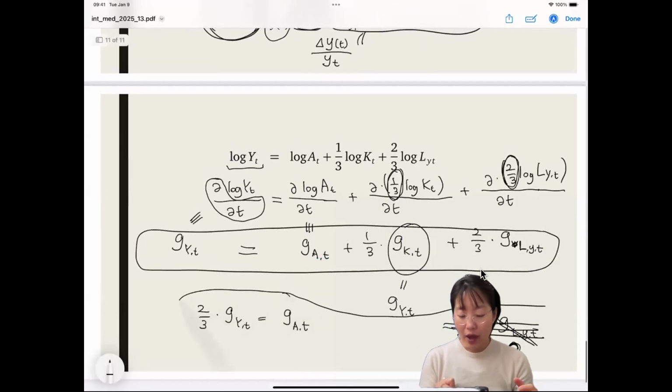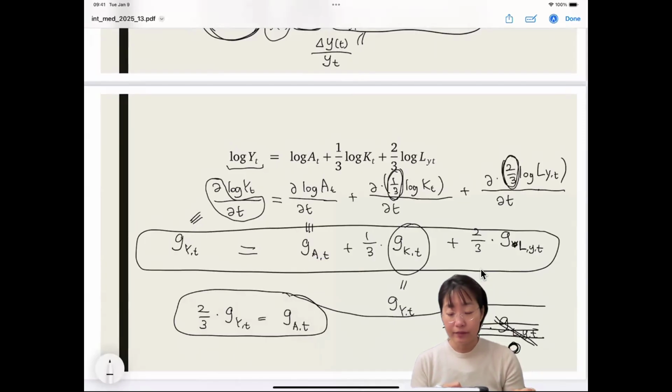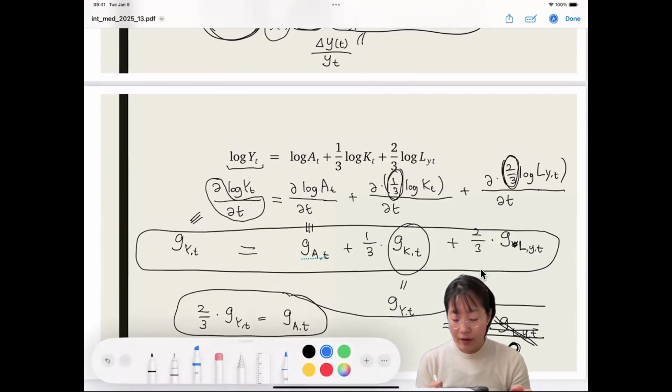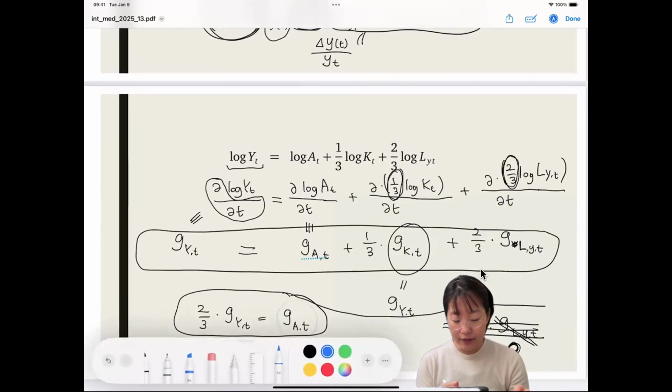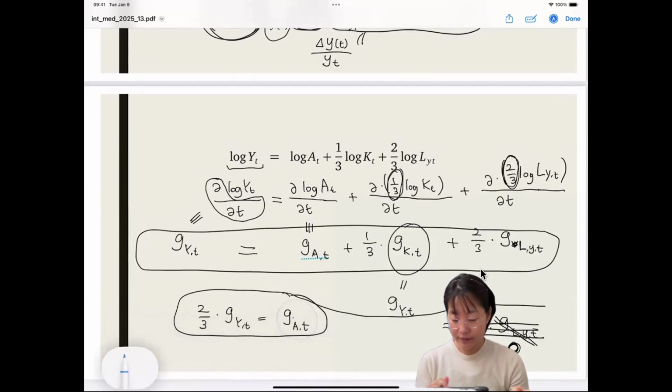Then that means we have this relationship. And we already calculated this growth rate of ideas. Where?